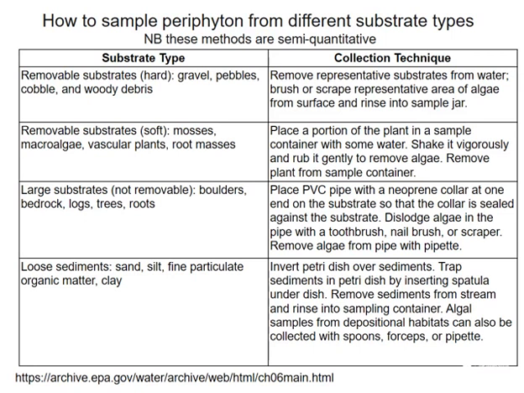If you've got plants, for example, you can put some plant in a jar, shake it up, and that'll remove the algae associated with the moss or the plants. Large substrates: this is the idea of getting a PVC. You're basically trying to put something on the rock that you can toothbrush and then rinse into it.